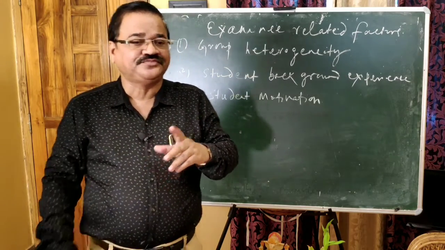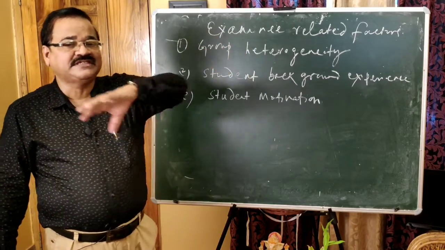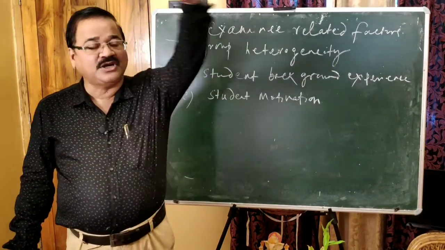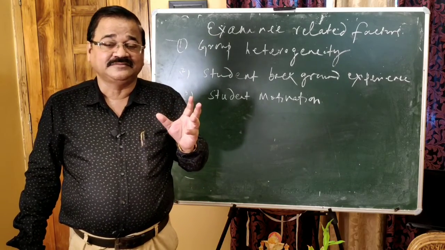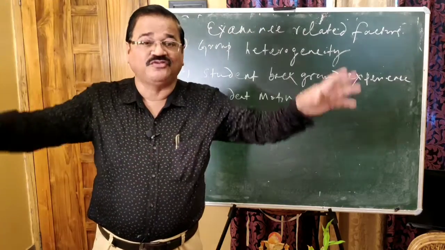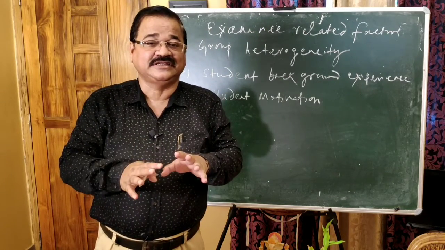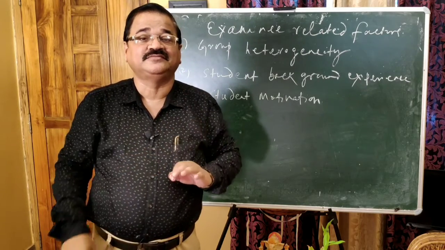So when you are taking some students from a population, from a larger group, you have to take them randomly, because when you take from a larger group, there are chances that all types of students will be included in your sample.